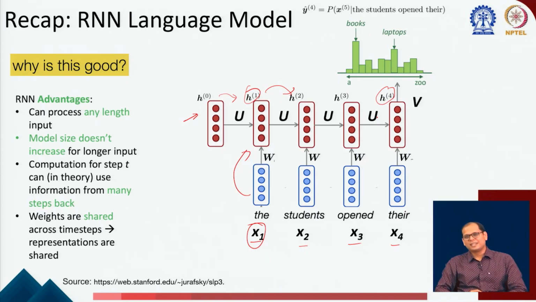Of course, this creates a little bit of complication in how you compute the loss, that is, how you backpropagate it. The loss is very standard, the cross entropy, but the same parameter appears at multiple time steps.